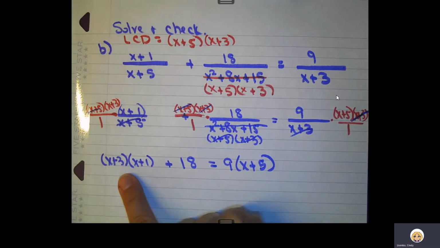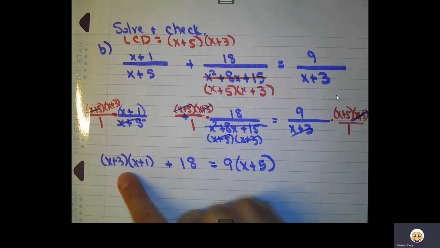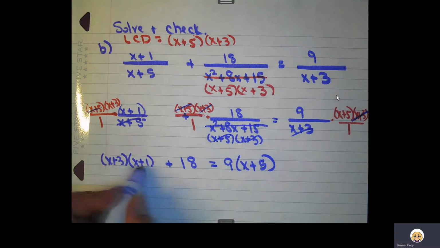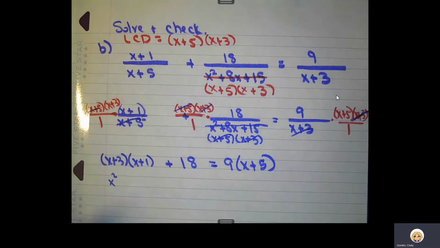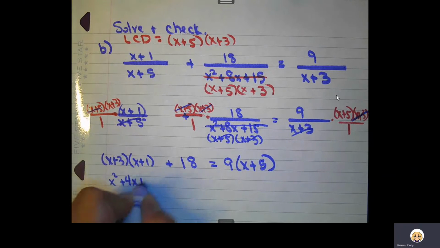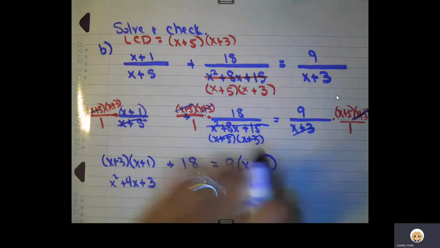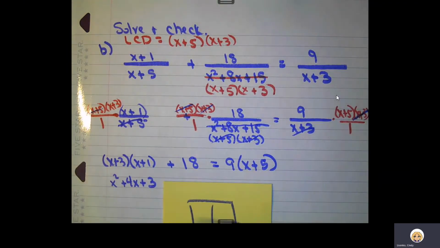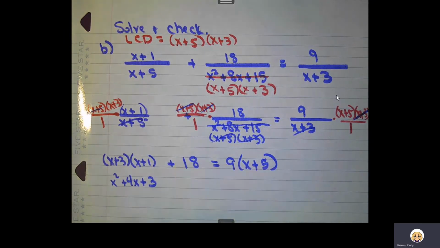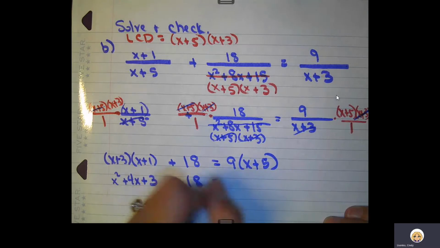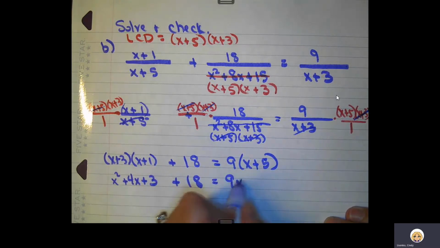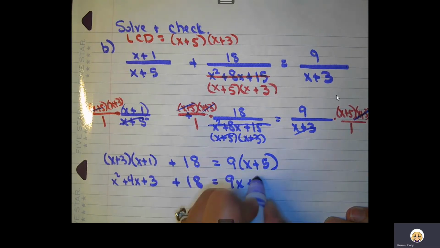We would normally use our boxes for this, our 2 by 2 boxes, but I'll go ahead and do that. If we did boxes, we'd have x squared plus 4x plus 3. And if you're not really sure, you just set up your 2 by 2 boxes and figure it out. I'll bring down my plus 18. Over here, if I distribute, 9 times x is 9x. 9 times 5 is positive 45.